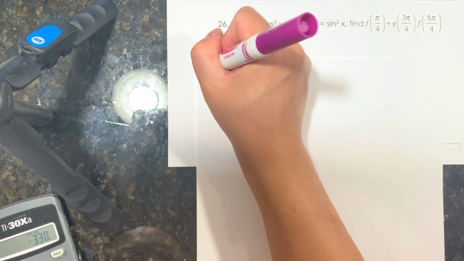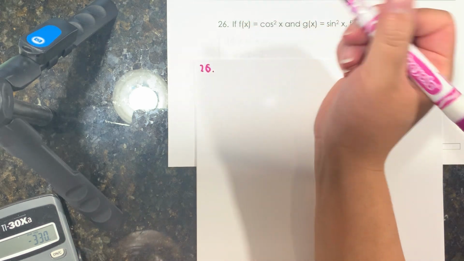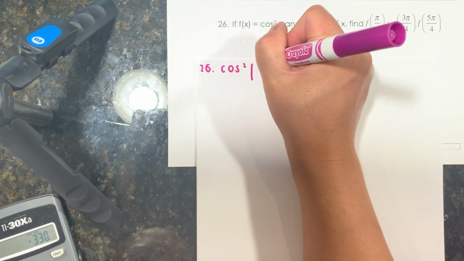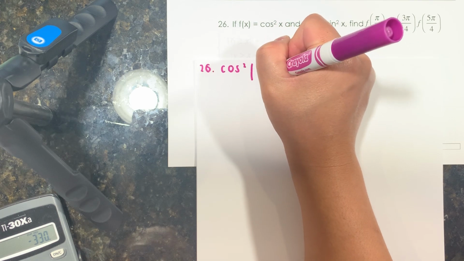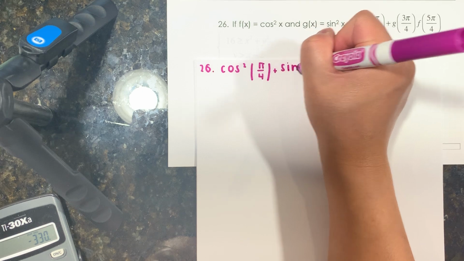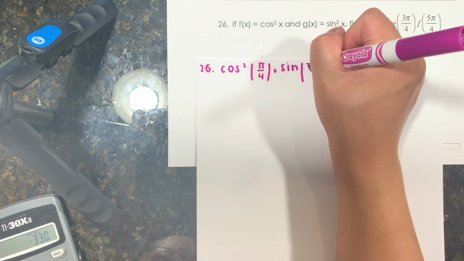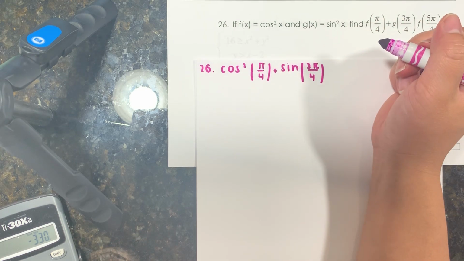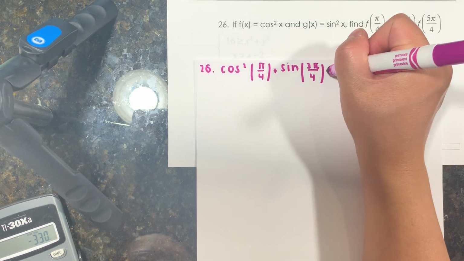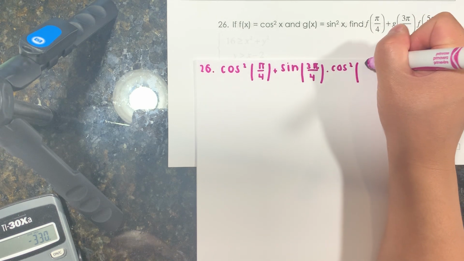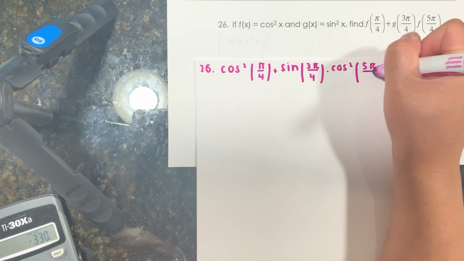So for number 26, I get cosine squared of pi over 4 plus sine squared of 3 pi over 4, and then times cosine squared of 5 pi over 4.